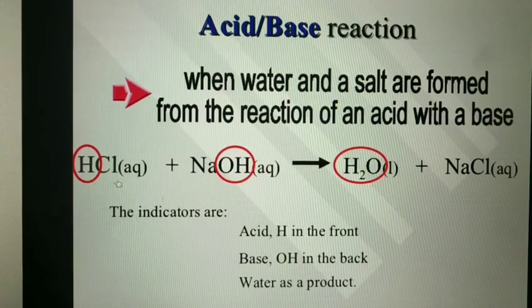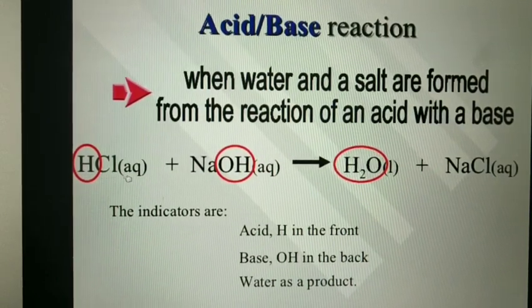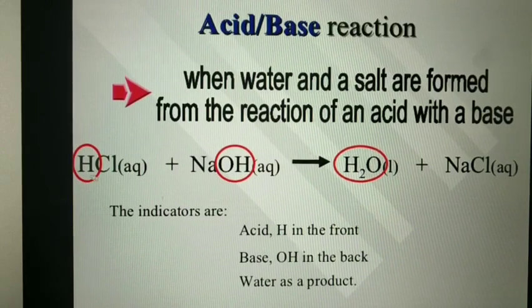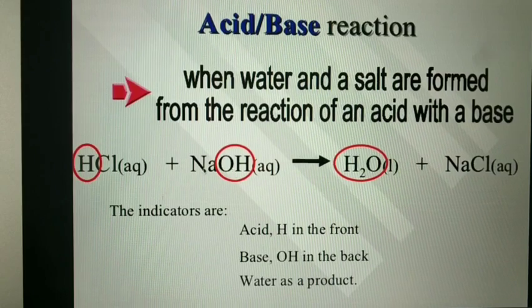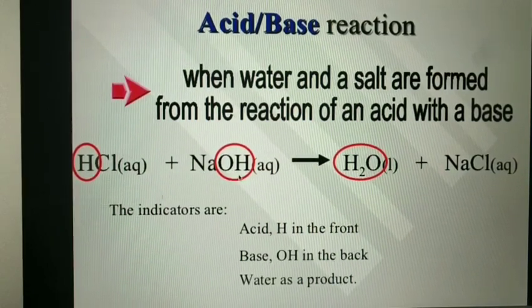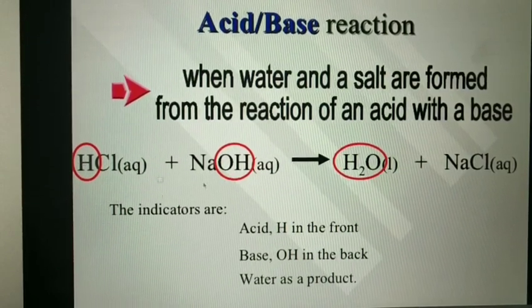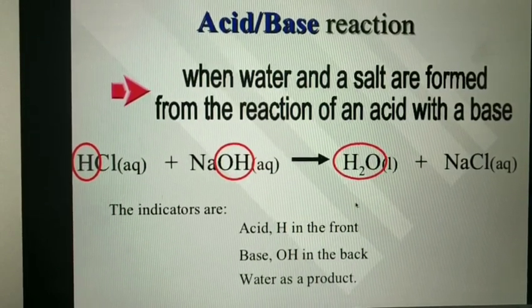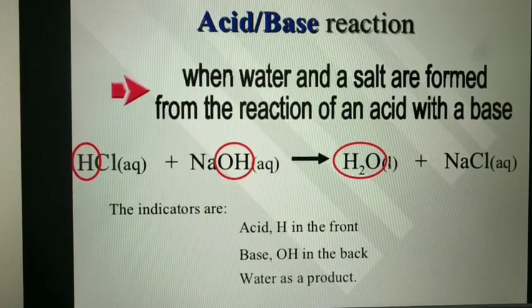Whenever in any aqueous solution or liquid H plus is present, that substance is acid. And what about the base? Here the ions are Na plus and OH minus. So OH minus is present, that means it is a base. So this acid plus base will give one salt and water. NaCl is salt and H2O is water.